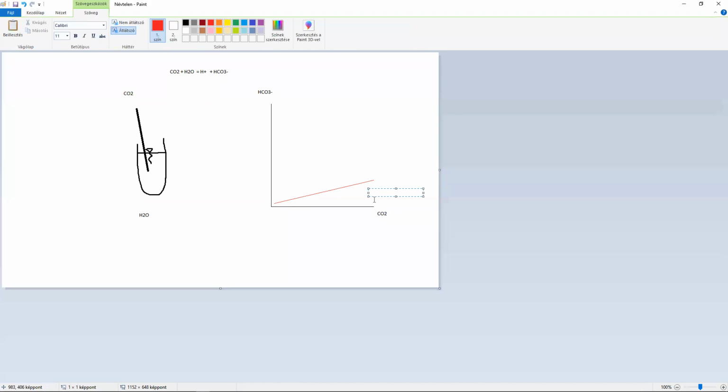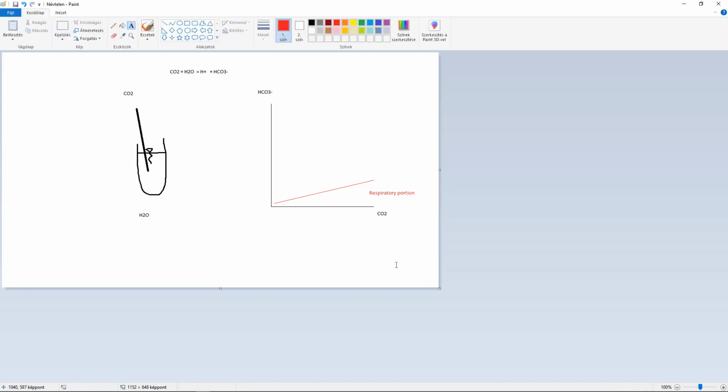So I would call this the respiratory portion. So far it is understandable. Now, what will happen if I put sodium bicarbonate into this water?